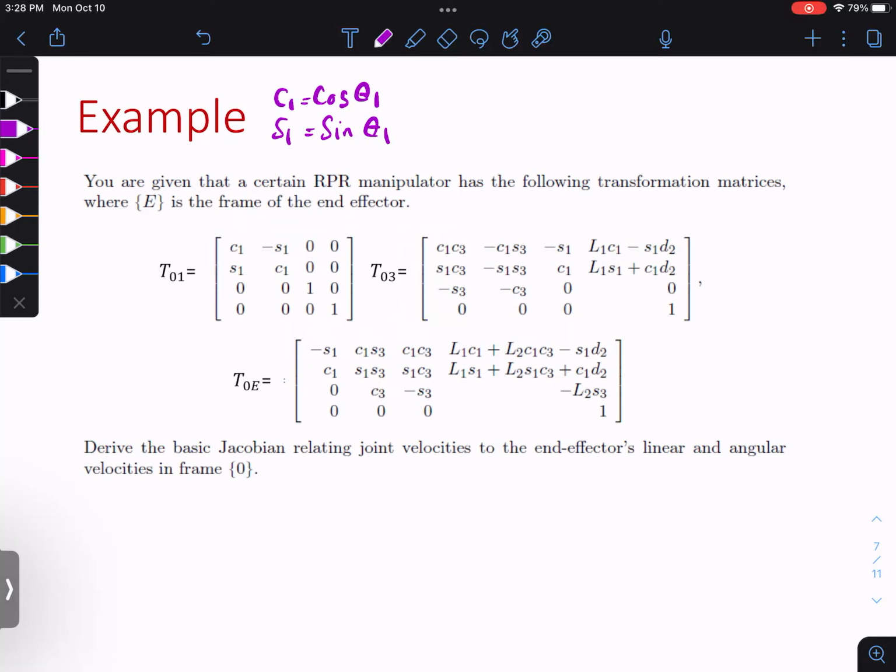Can you tell me the axis of rotation? What is your Z? Which axis is your joint rotating about? You've seen them before.